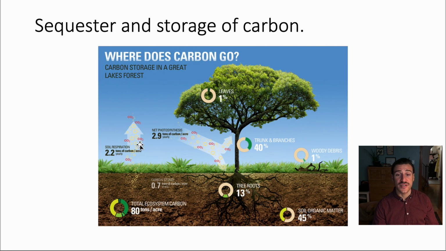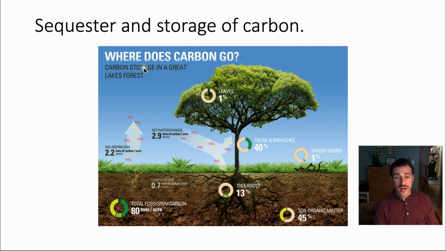So first is first, they sequester and store carbon. We know this, right? They uptake CO2 through their leaves, and they photosynthesize and change that carbon into carbohydrates that can get worked into their woody tissues and be stored for decades, right?